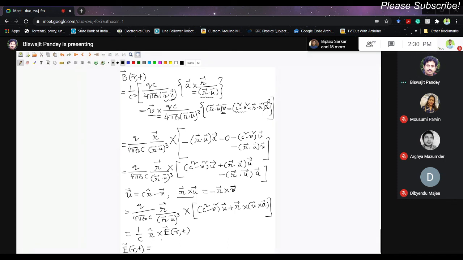E(r,t) is q by 4 pi epsilon 0, r by (r dot u) whole cube, multiplied by (c square minus v square) times u plus r cross u cross a. If you take the cross product between r cap and E and divide by c, you will get the magnetic field.